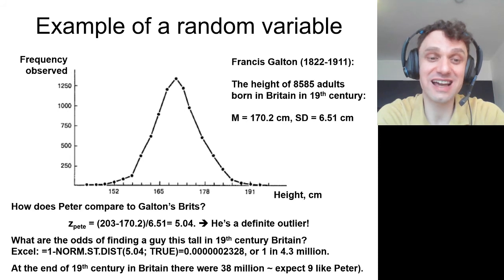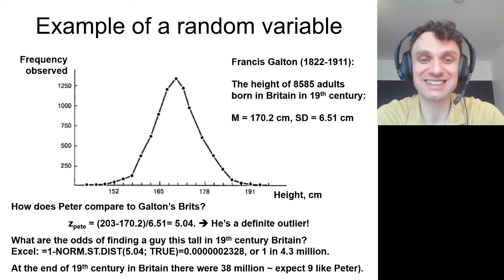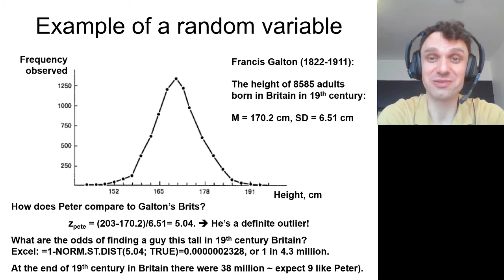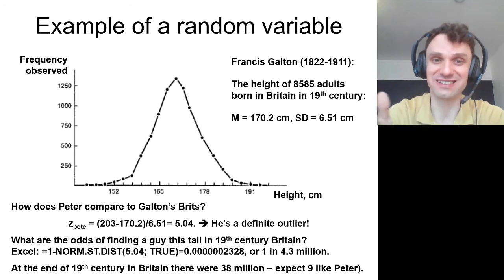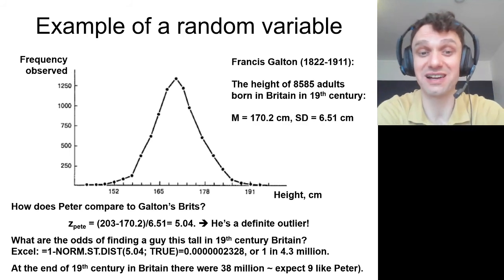And you can easily use Excel for this. There is a wonderful function, NORM.S.DIST, which for every z-score gives us the cumulative probability of finding an observation with this or a higher or a lower value.